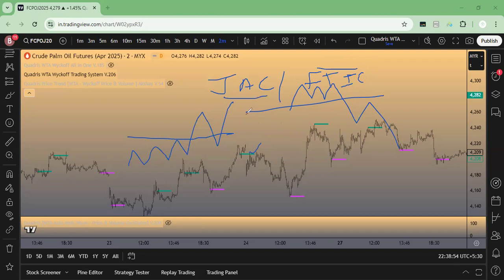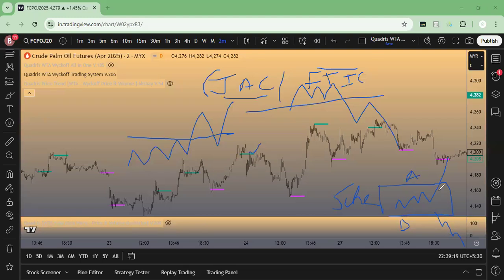So why am I going into jump across the creek and fall through the ice? The entire purpose of understanding a schematic is just to identify whether prices are going to go upwards or downwards. If it is going downwards, that means distribution. If it is going upward, that means accumulation.